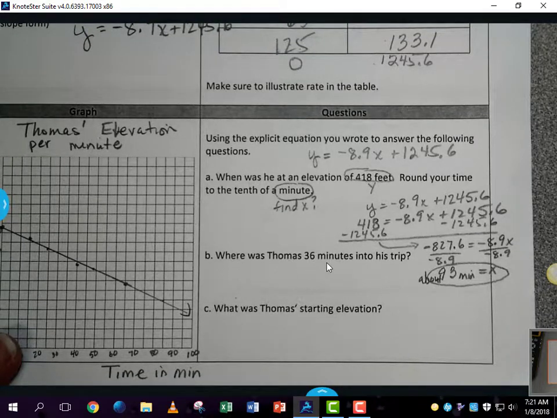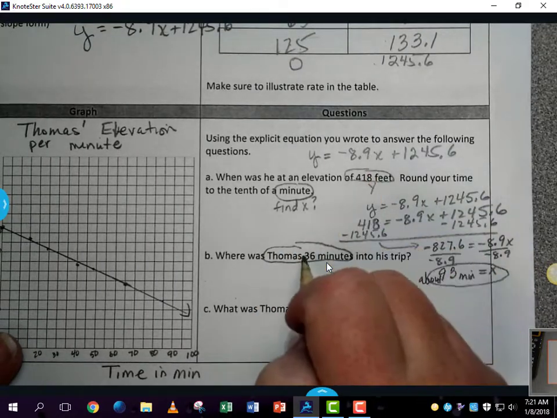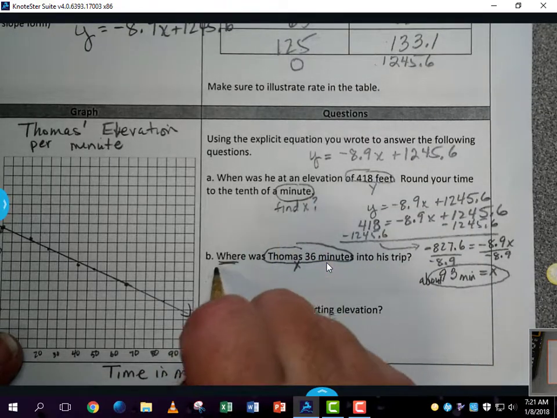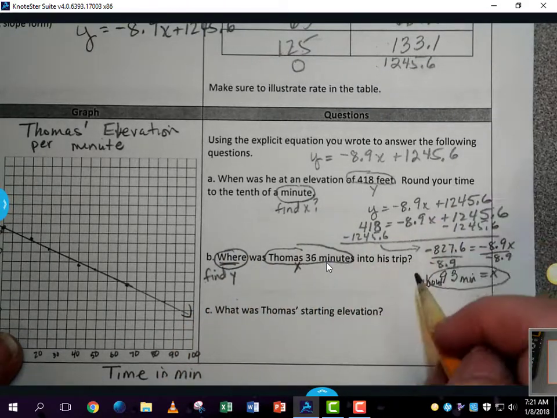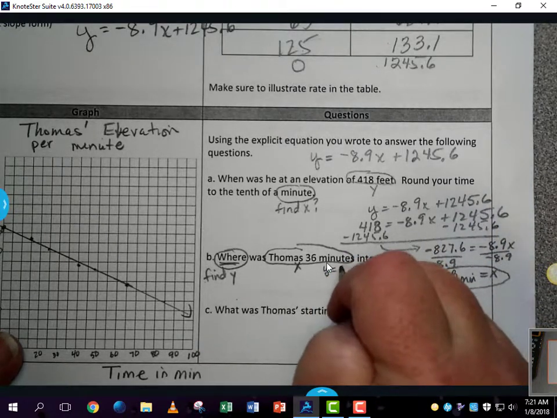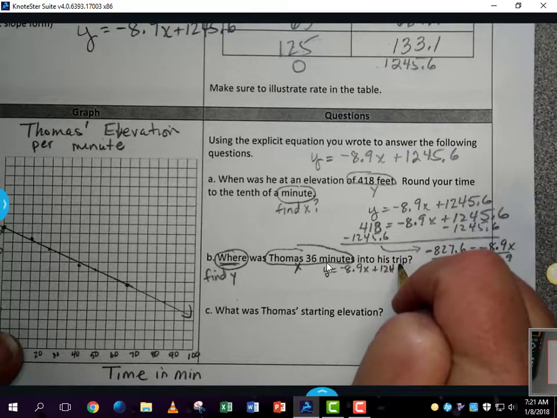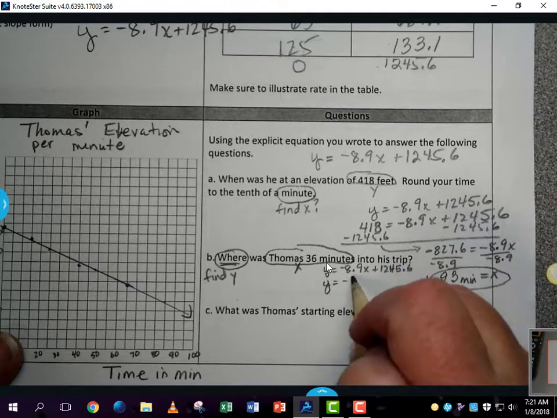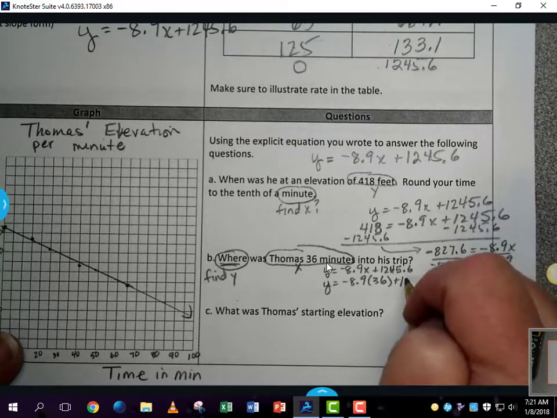It says, where was Thomas 36 minutes into the trip? So 36 minutes, they're giving us x, and it says where. In other words, the elevation. They want us to find y. So I start with my explicit equation. I substitute 36 minutes in for the x, and I solve for y.